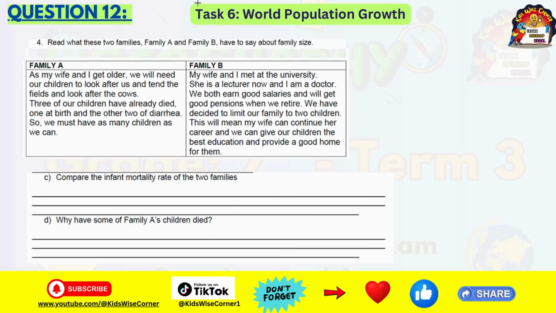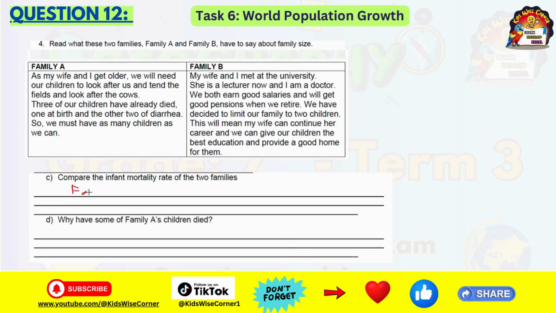Compare the infant mortality rate of the 2 families. Family A has a higher infant mortality rate, and family B has a lower infant mortality rate.